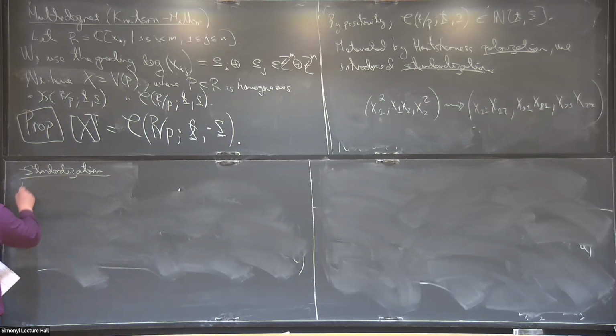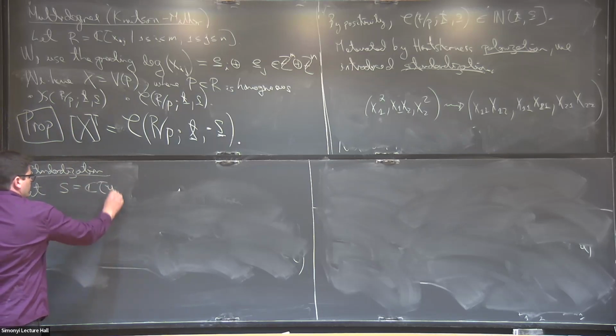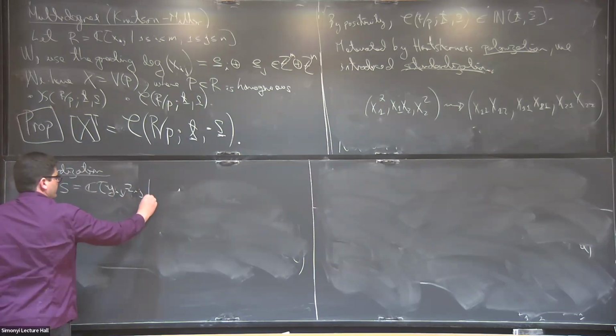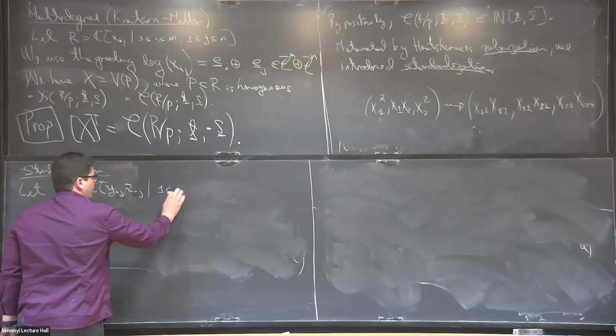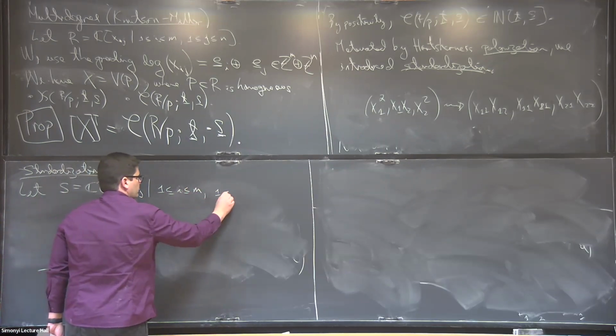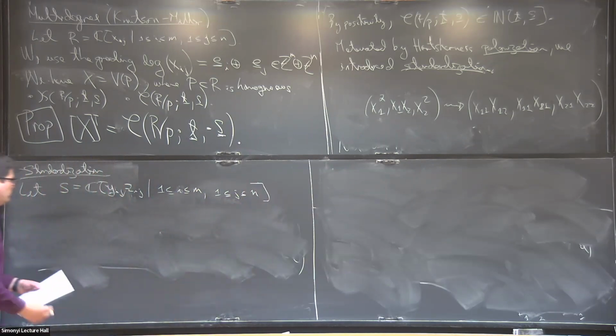Okay, so I will now define a new polynomial ring with variables Y_ij and C_ij, where i goes from 1 to m and j goes from 1 to n.